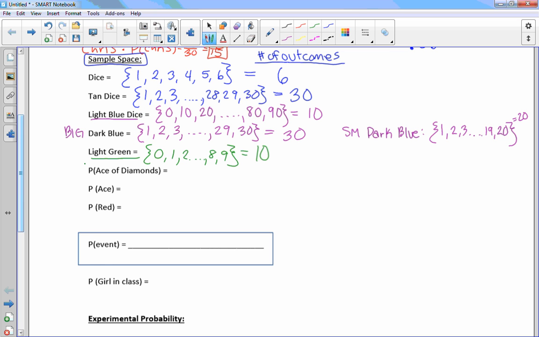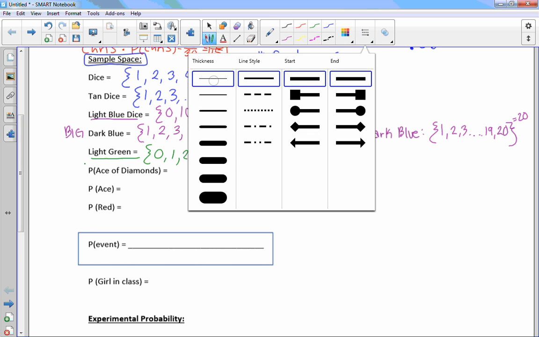This light green, the probability that you roll an even is what? How many evens are there? 4 out of 10, which is 0.4 or 40%. Okay, the dark green, let's do that one.